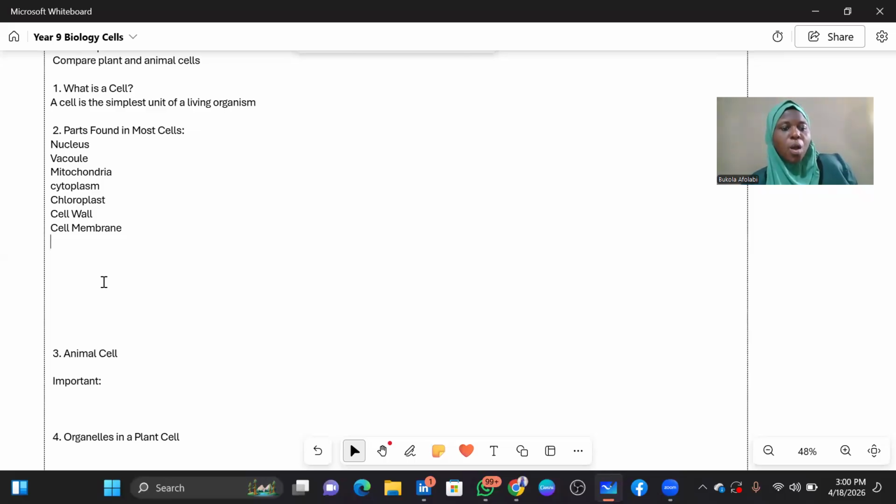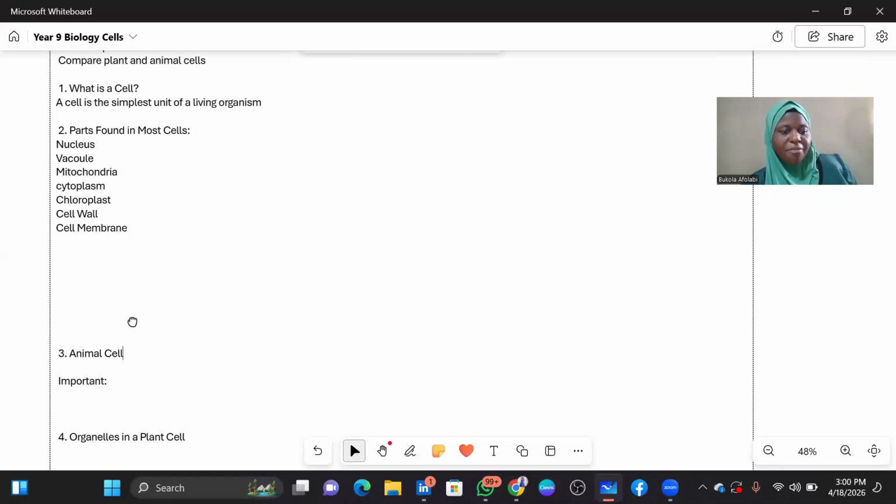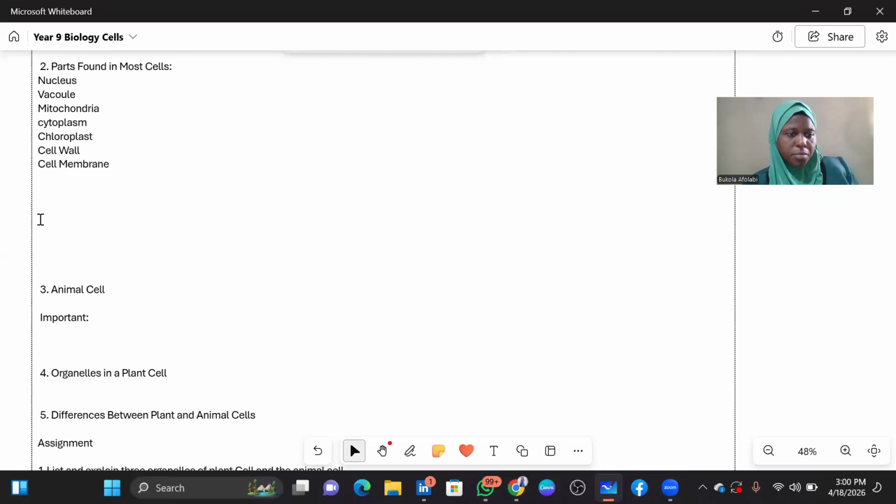Note, all of these organelles are found in the plant cell.